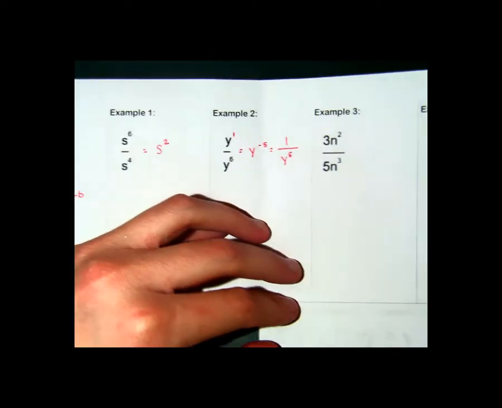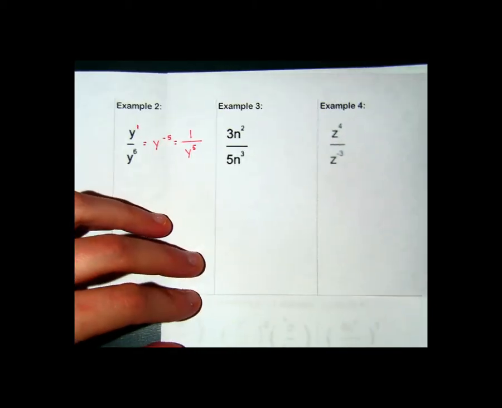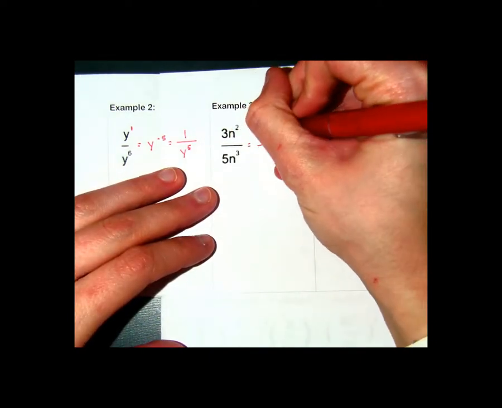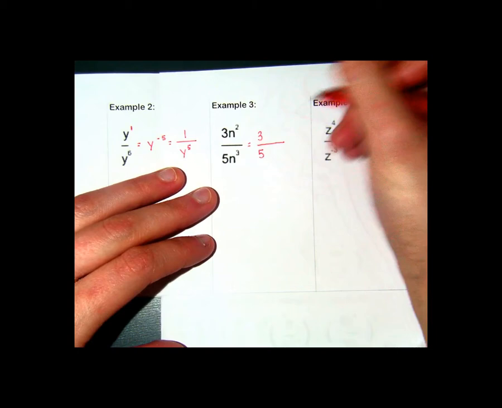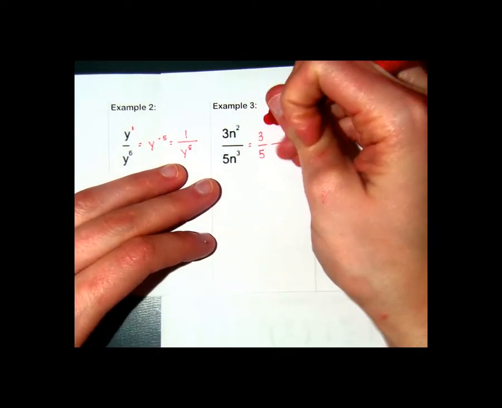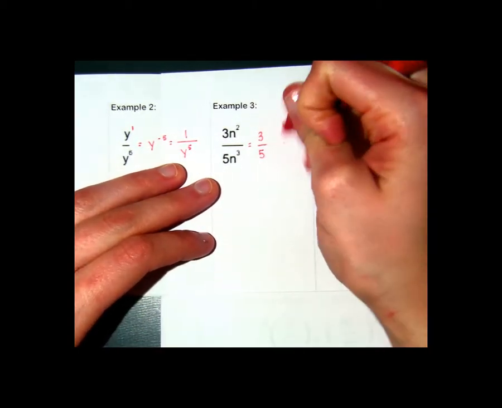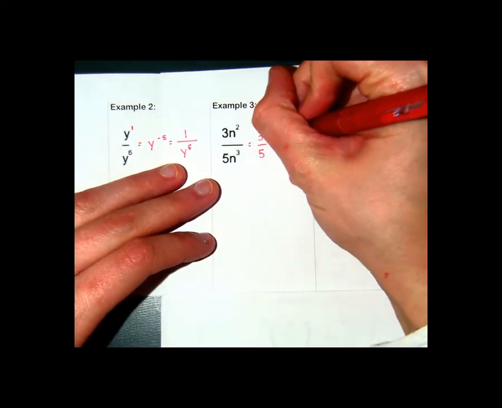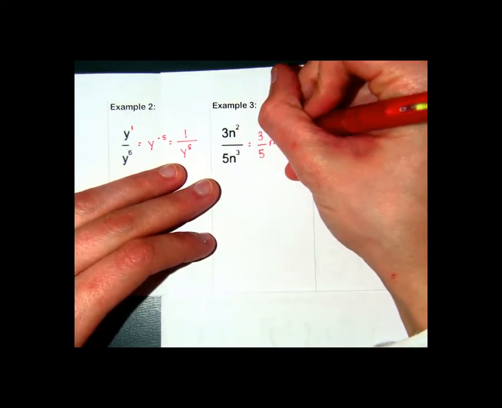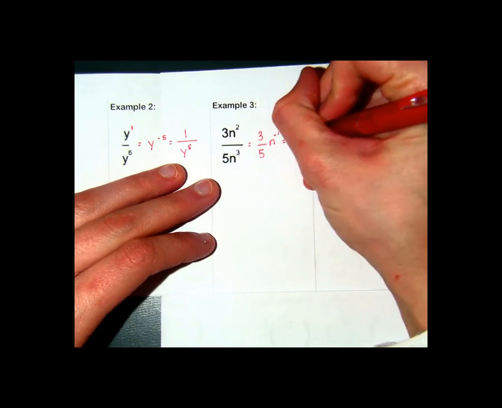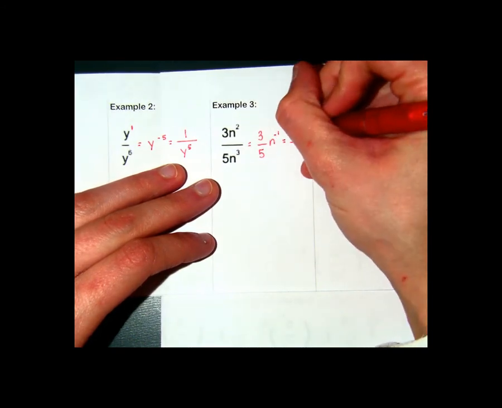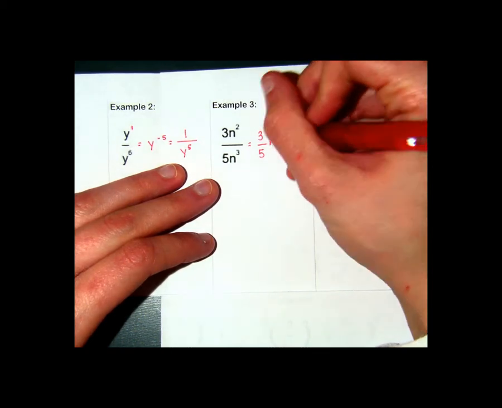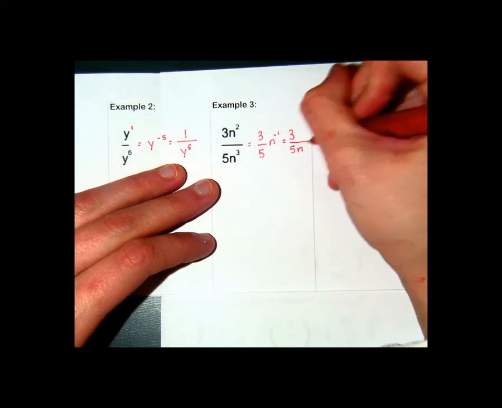Okay. Example 3 is a little different because I have numbers. If those numbers do not reduce, I'm just going to write them back down. 3 to the 5th. I'm going to erase this. I might need it in a moment, but I've got then n. 2 minus 3 is negative 1. It's going to go in the denominator. It's currently in the numerator. I have a 3, and I have 5, and this needs to go in the denominator, so n.